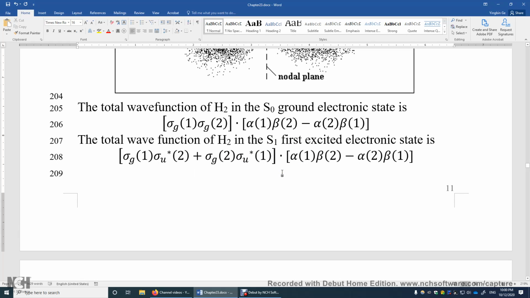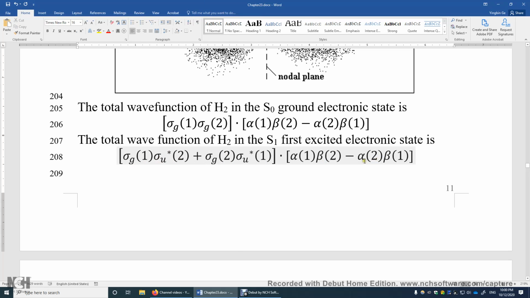T1 means triplet. So when you have this T1 first excited electronic state, you just need to have an antisymmetric spatial function by replacing this plus sign with a minus sign. And then it becomes antisymmetric.